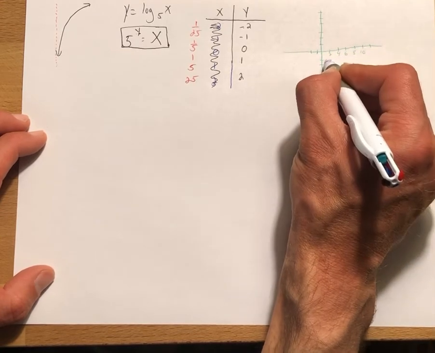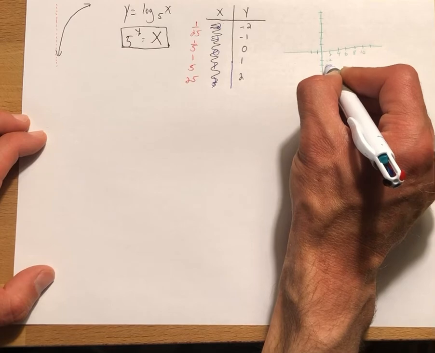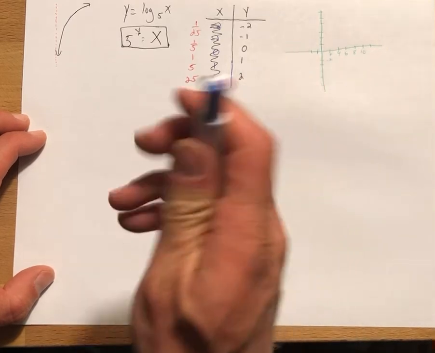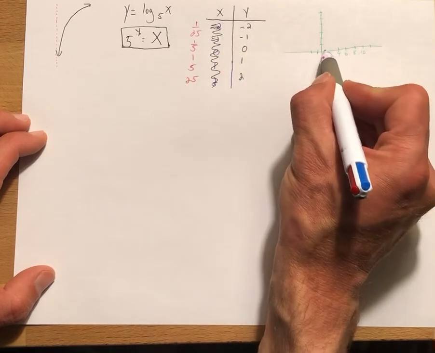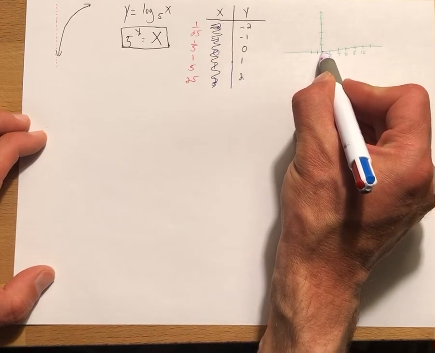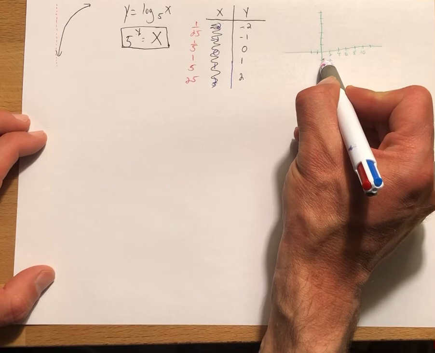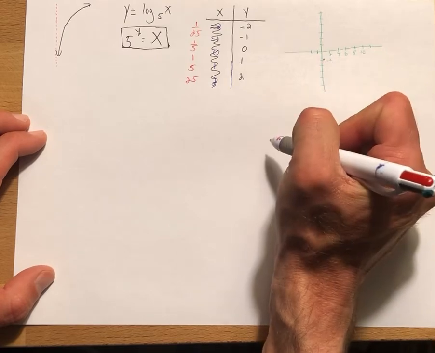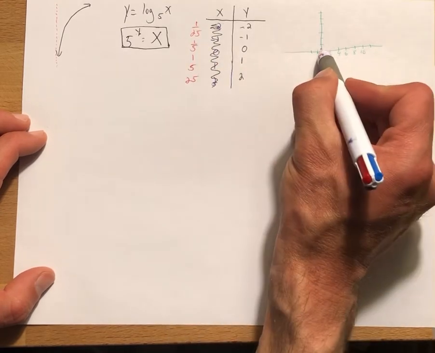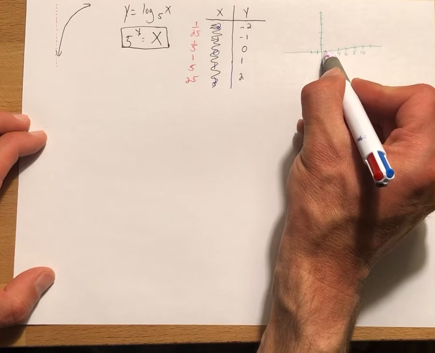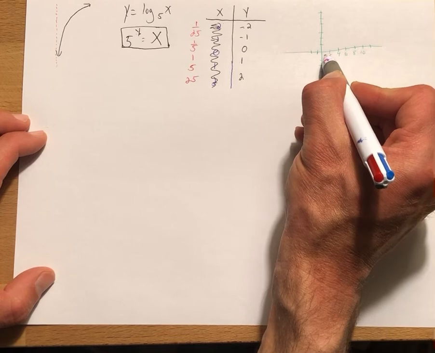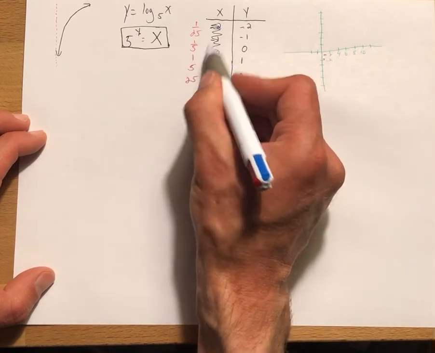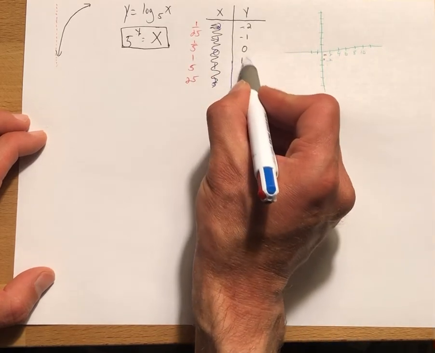This is going to be -2, -4, -6, -8, and so on. So I'm going to graph this. At 1/25th on my x, which is just over, I am down at -2. At 1/5 on my x, I am at -1. At 1 on my x, I'm at 0.